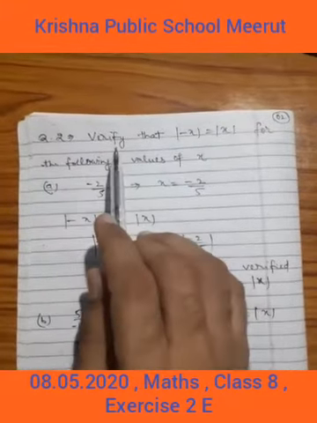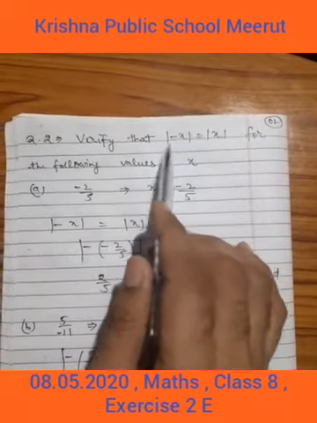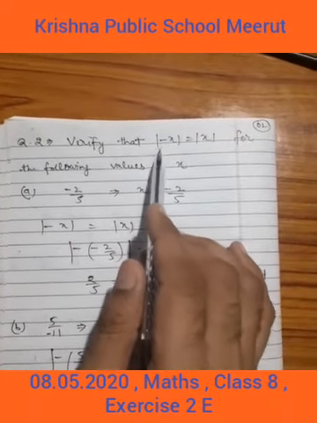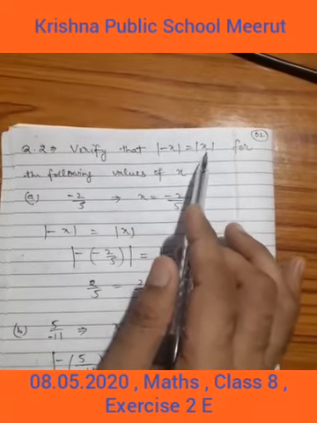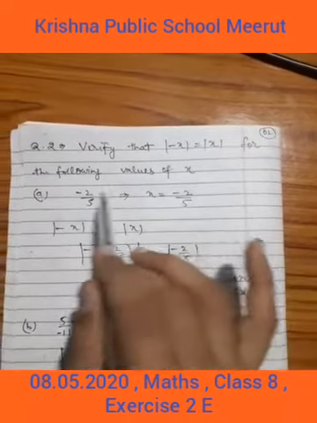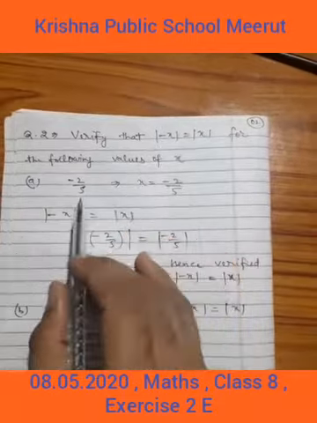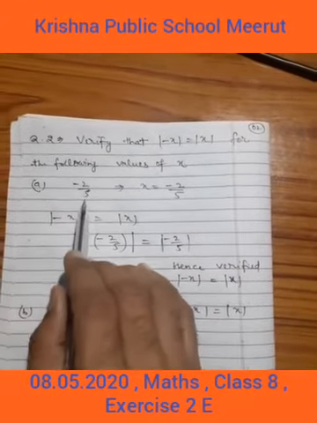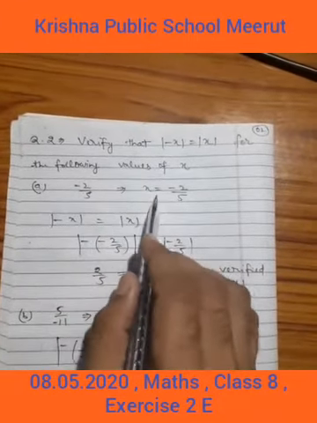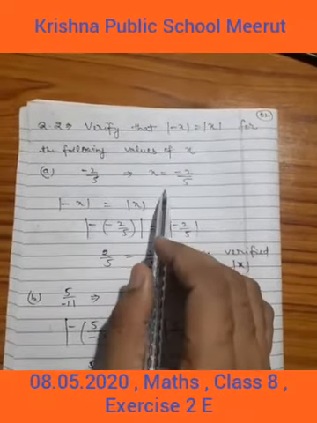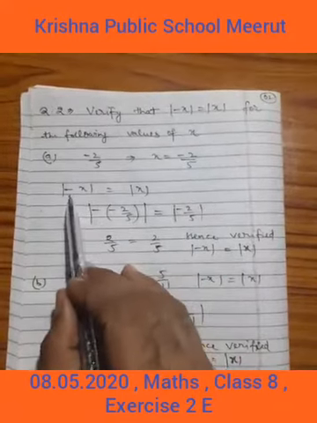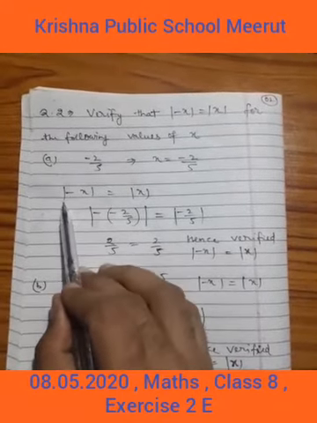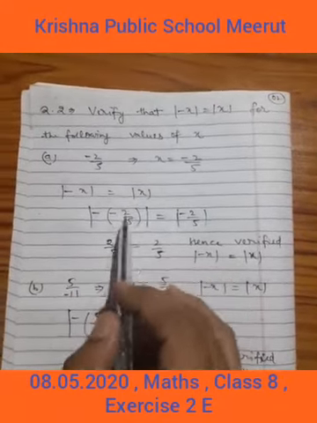Question number 2 is verify that minus x in vertical lines, or we can say absolute value of minus x, is equal to x in vertical lines, that is absolute value of x, for the following values of x. Here A part is minus 2 upon 5, that is x is equal to minus 2 upon 5, and we will put this value in this expression, that is given that minus x in vertical lines is equal to x in vertical lines.